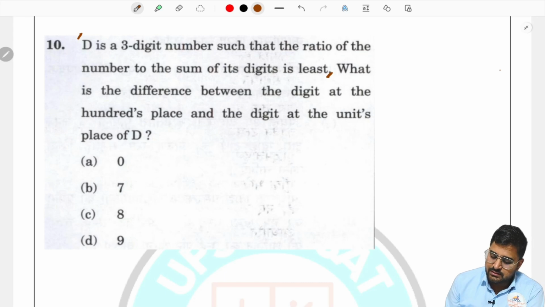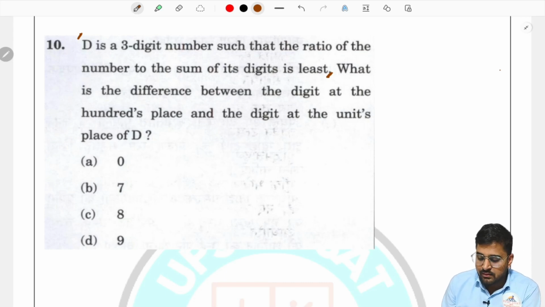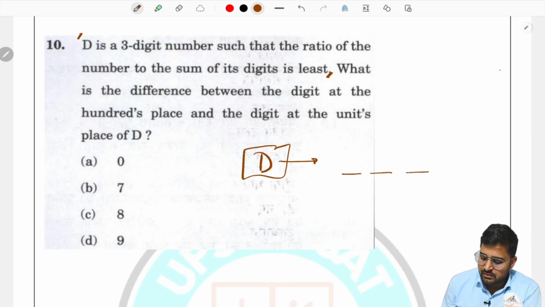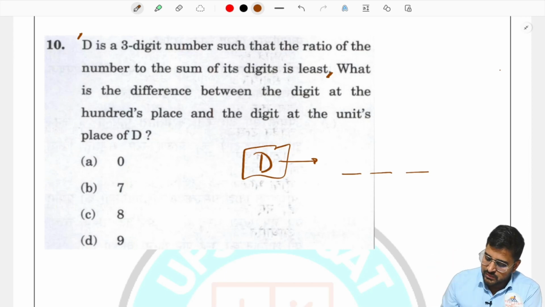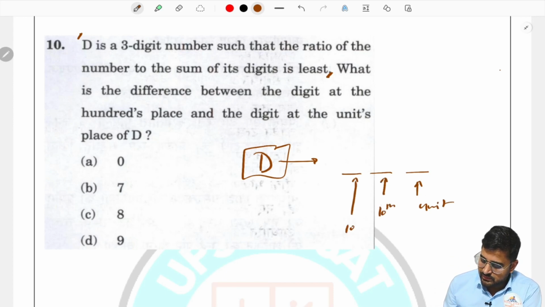What is the question saying in its first line? There is a number called D, and this D has 3 places, meaning D is a 3-digit number. Okay, this is its unit place, tens place, and the hundreds place.